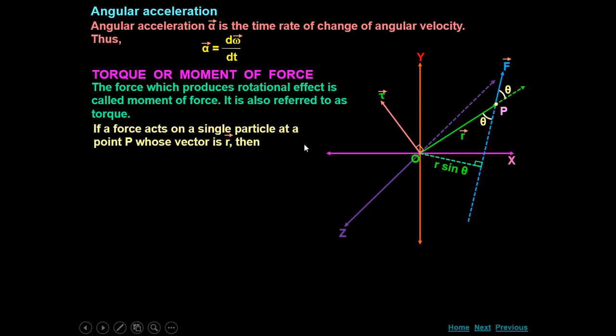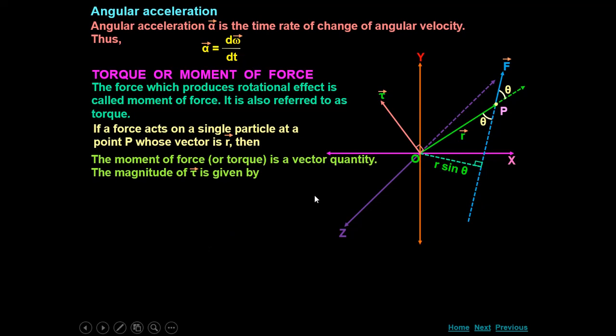So consider a force acting on a single particle. You can observe here, on this particle P, the force F is acting and r is the position vector. Then moment of force is a vector quantity, given by the perpendicular distance multiplied by the magnitude of force.